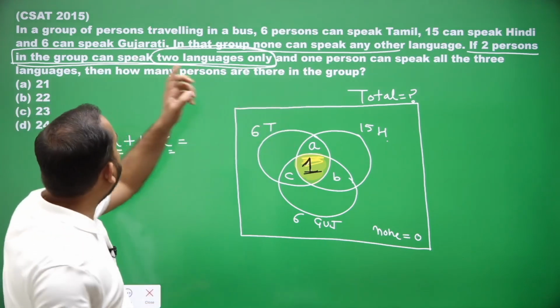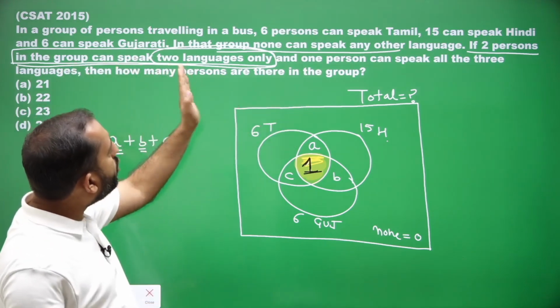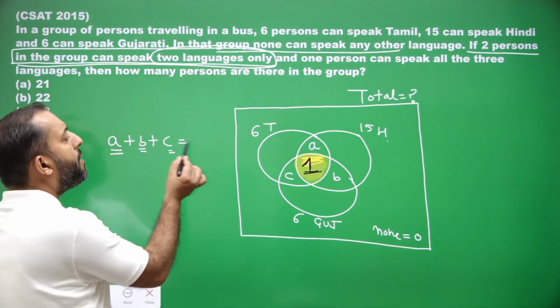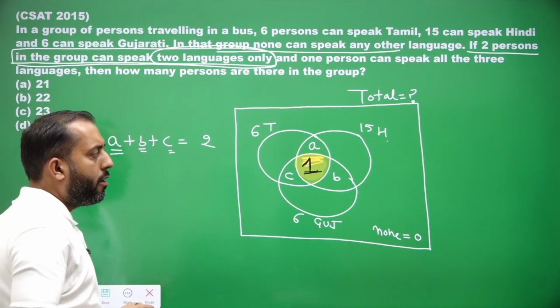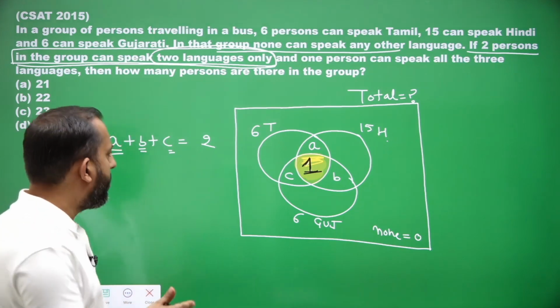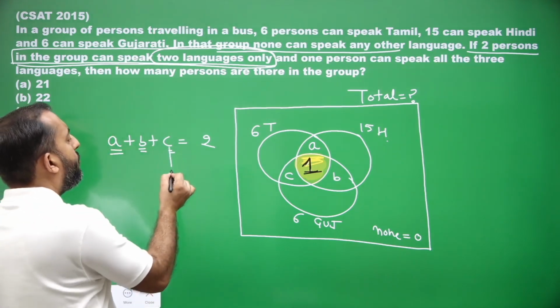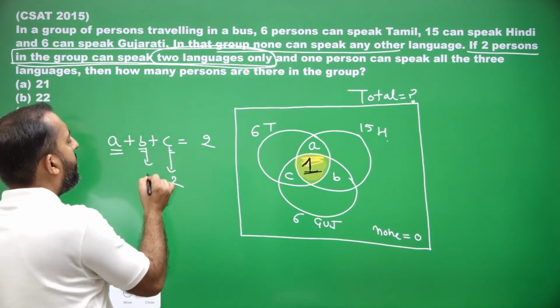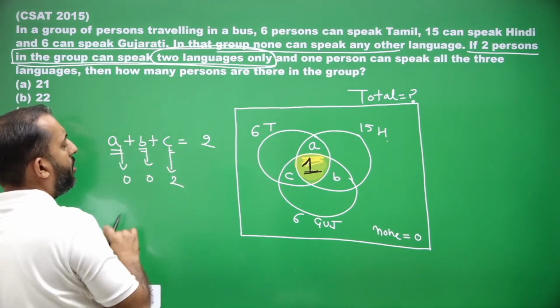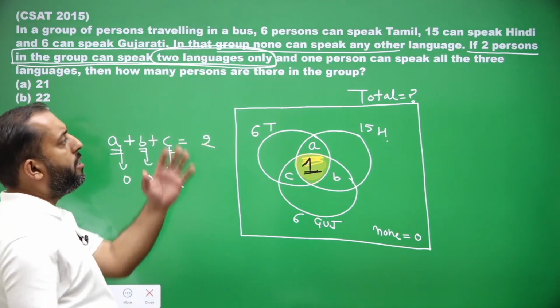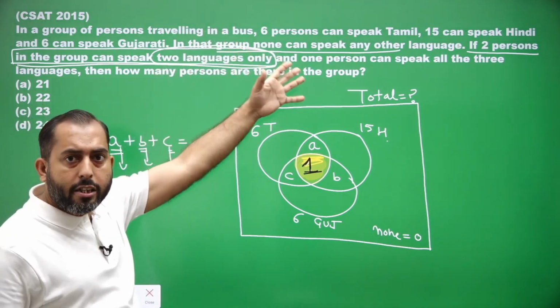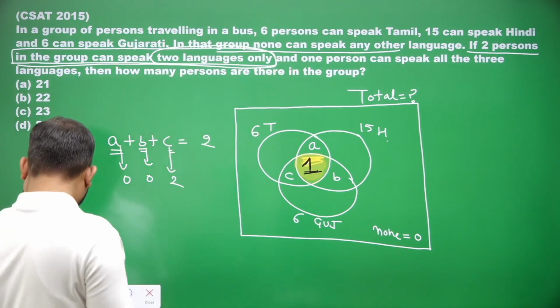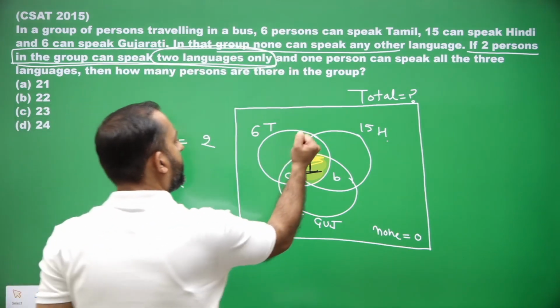It is written that 2 persons can speak 2 languages only, so A plus B plus C, its value is what? It is 2. So let's say the value of C is 2, B is 0, A is 0. If we assume it like this, the condition in the question is justified.